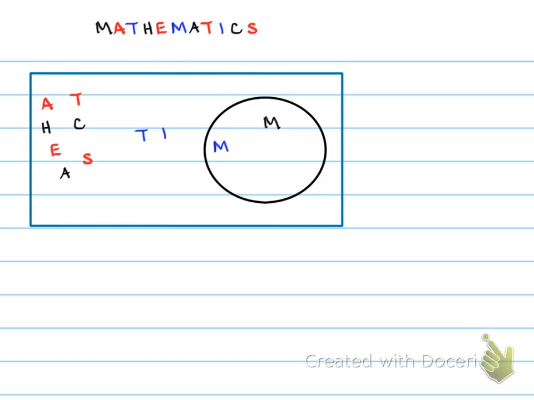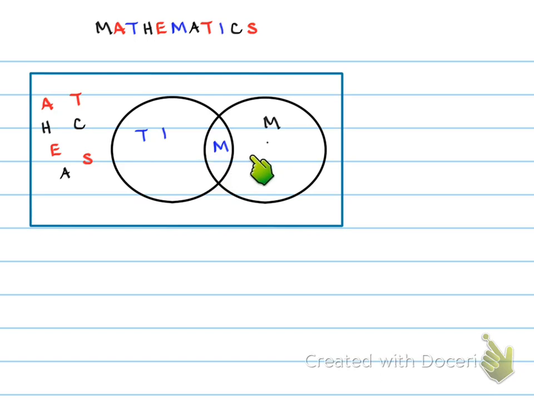I also took the blue letters, and the blue letters have their own circle. All the blue letters were T, I, and M, and they made their own circle.